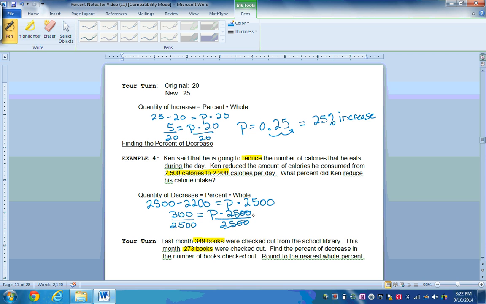Cancel, cancel. 300 divided by 2,500. If you do that on your calculator, we get that P is equal to 0.12. We need to change that into a percent, multiply by 100, and that comes out to 12% decrease. All right, if you would go ahead and hit pause, try this next problem.